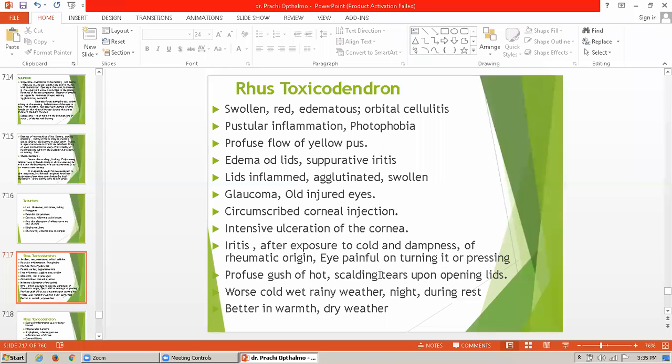of rheumatic origin. Eyes are painful, burning on pressing. There is a profuse gush of hot, scalding tears upon opening the lid. Rhus tox is worse in cold, wet, rainy weather, at night and during rest, and it is better in warmth and dry weather.